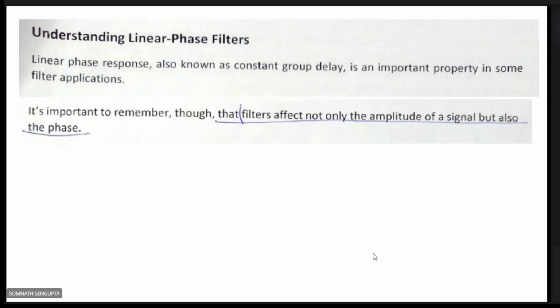Anybody please respond. When we derive the frequency response, the gain and phase of a filter, gain obviously changes over frequencies, but at the same time phase of a particular frequency also changes.